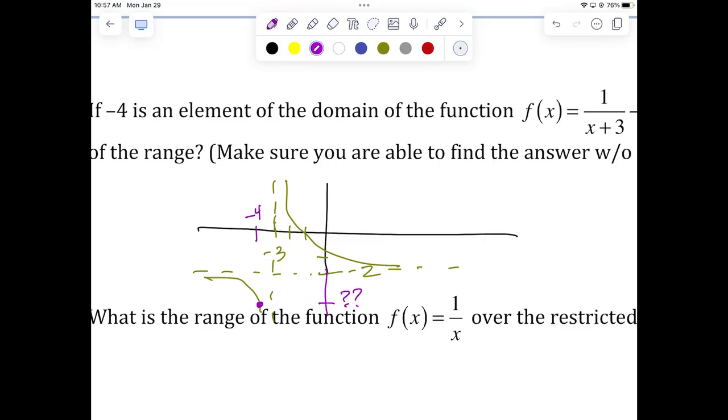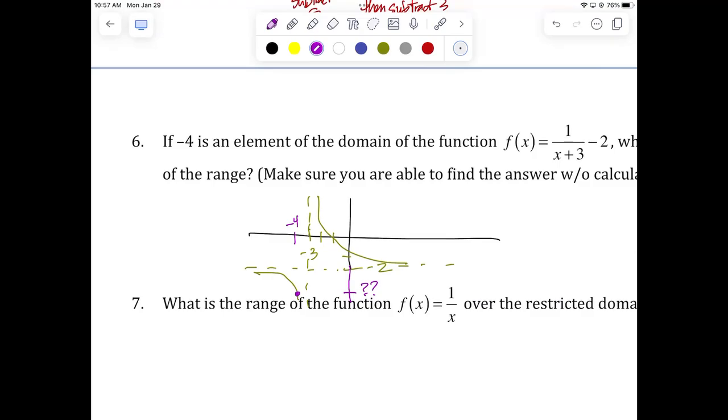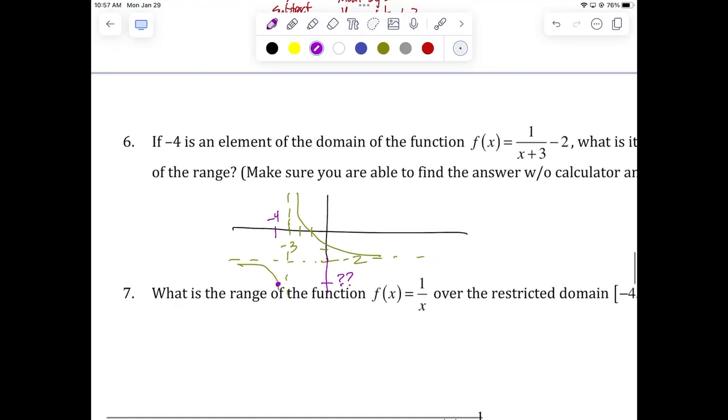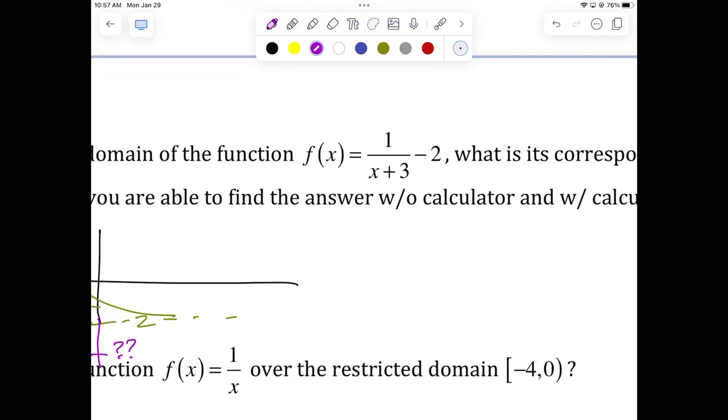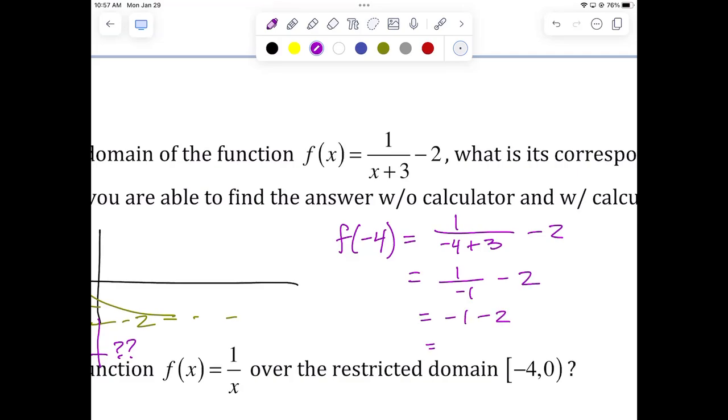This is complicated wording for something that's actually easy to do. This is just asking us to find the y value there, isn't it? So I'm just plugging and chugging. It's just f of negative 4. F of negative 4 is 1 over negative 4 plus 3 minus 2, which is 1 over negative 1 minus 2, which is negative 1 minus 2, which is negative 3.